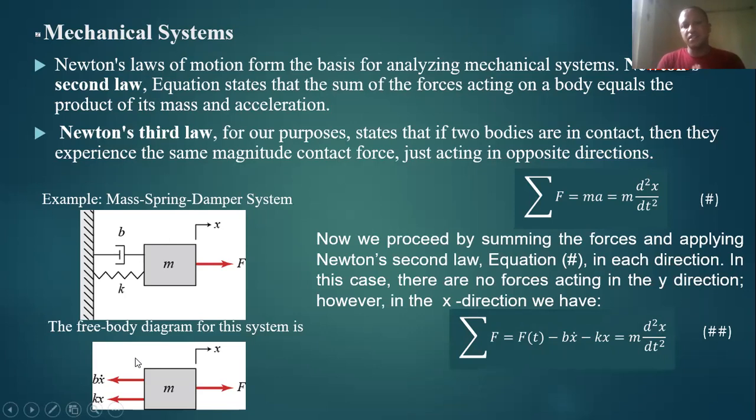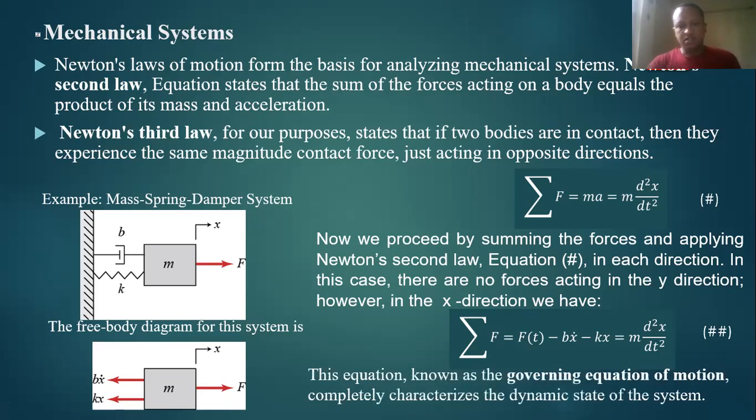This is a general single degree of freedom system, actually a damped single degree of freedom system. This equation is known as the governing equation. It is a second order differential equation.